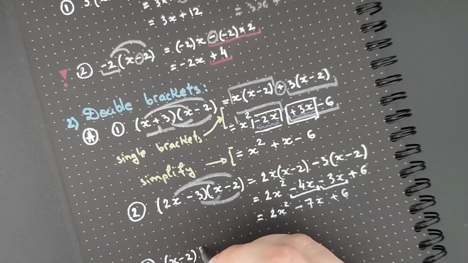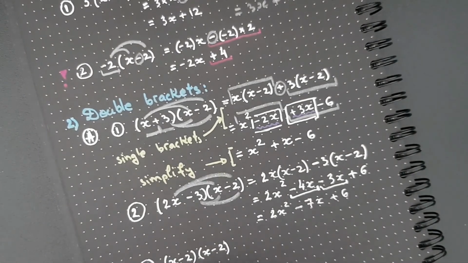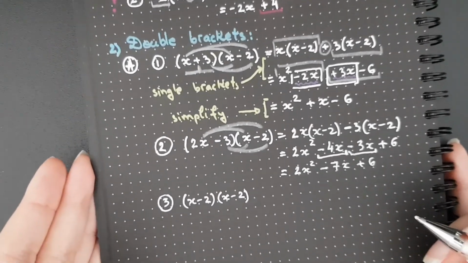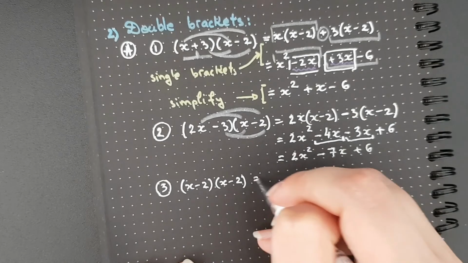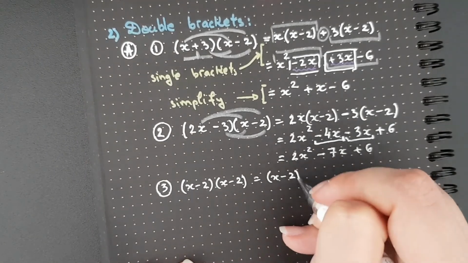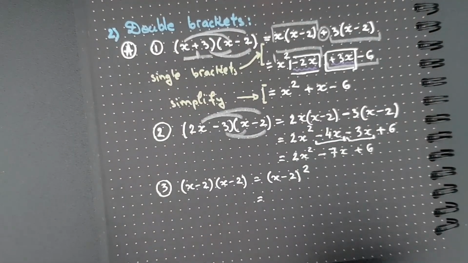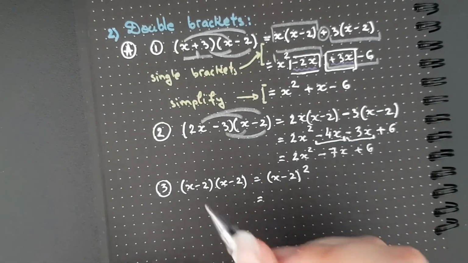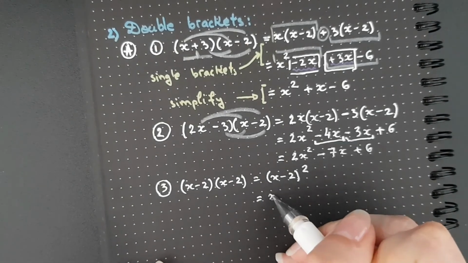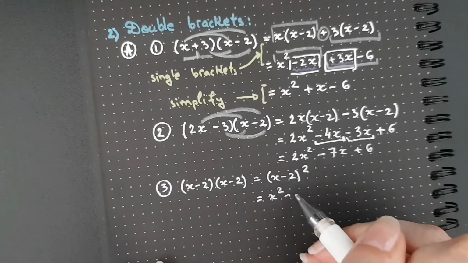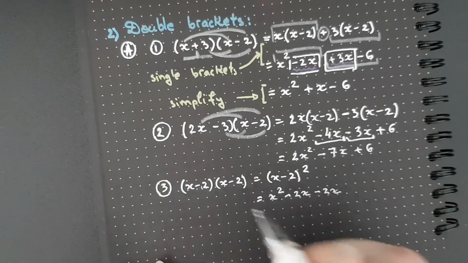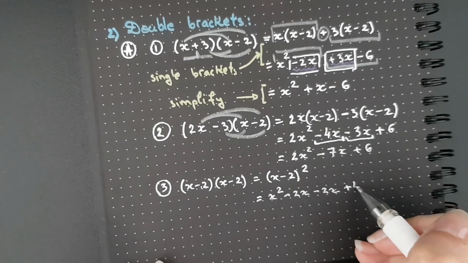x minus 2 and x minus 2. Now this is a bracket squared, so this is the same as x minus 2 squared, but it goes on and follows the same idea. So I do x squared minus 2x minus 2x plus 4.